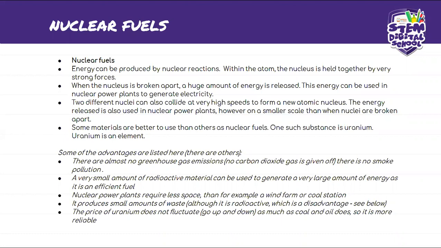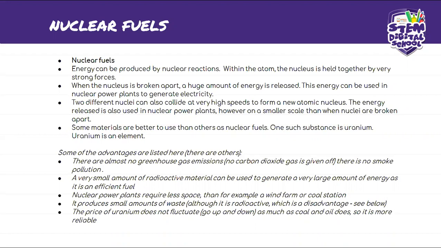And because there are no gases given off, there is no smoke. A very small amount of radioactive material can be used to generate a very large amount of energy, as it is an efficient fuel.